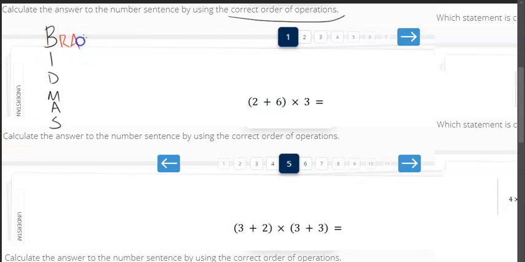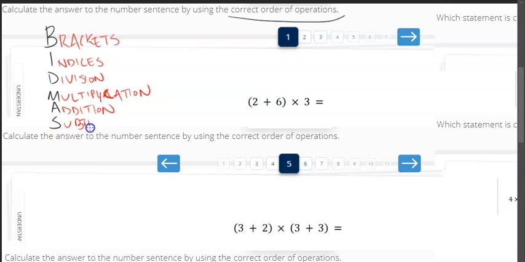B stands for brackets, the I stands for indices, sometimes also known as order, that's where BODMAS was used, or power. The D stands for division, M for multiplication, and then addition and subtraction.